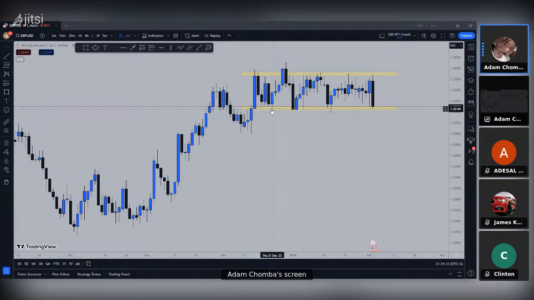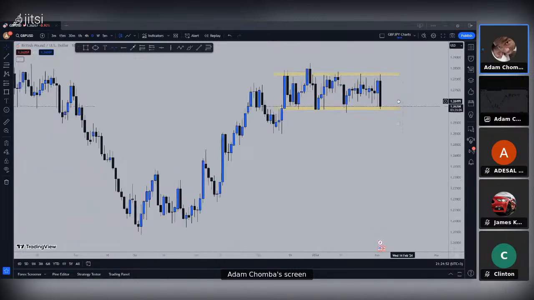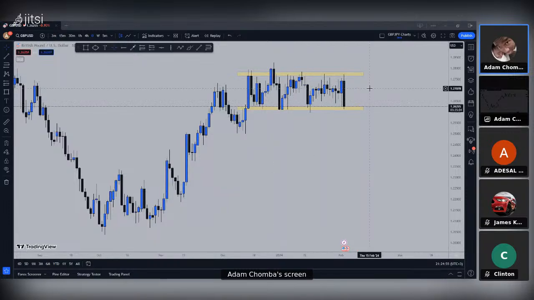This started from mid-December, so around the 14th. So bouncing off this area of support, that area of resistance, support, resistance, support, resistance. Now we are at support again. So this is a whole month and a half of sideways movement.